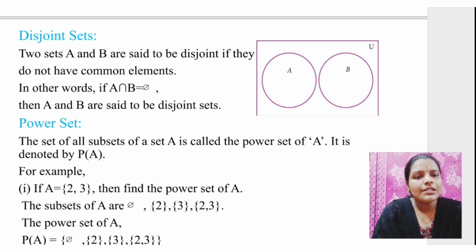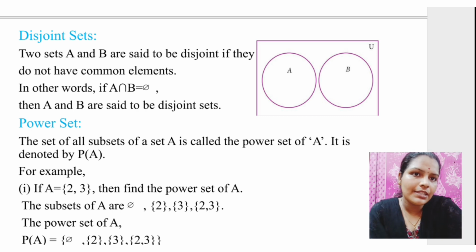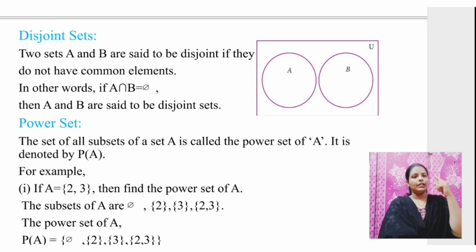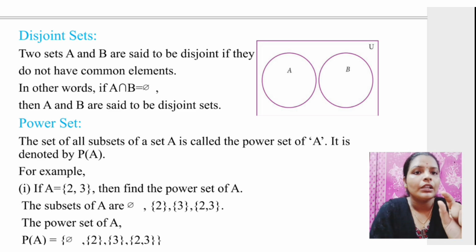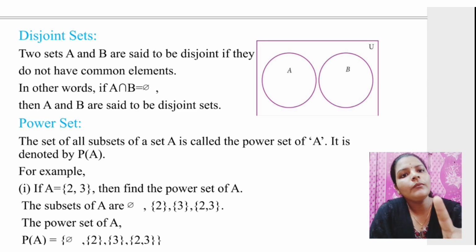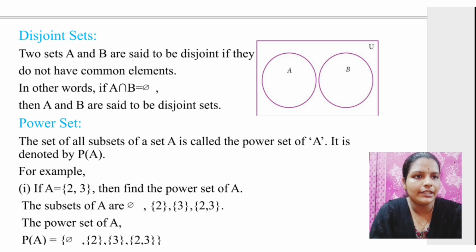Otherwise, if A intersection B equals the null set, this is the symbol of the null set. They mentioned it wrongly earlier, so this is the correct denotation. This is how we denote the null set, void set or empty set. And A and B are said to be disjoint sets.